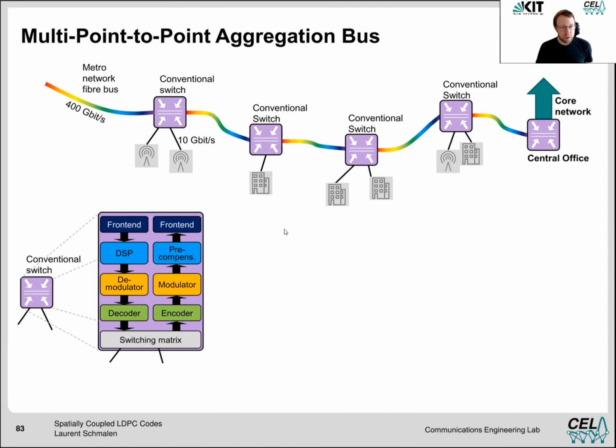So in each of those switches, we carry out receiver signal processing, demodulation, channel decoding, and then you make a decision whether you should drop the traffic or add new traffic, a switching decision. And then you re-encode everything and go onto your line again. But this encoding and decoding takes a lot of effort.